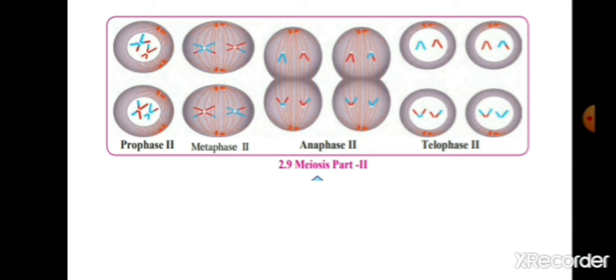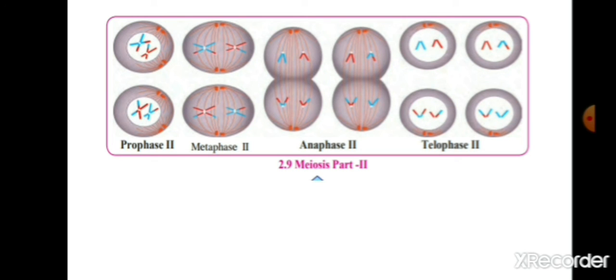Next one is the diplotene. During diplotene, the synaptonemal complex dissolves and the homologous chromosomes of the bivalent separate except at the point of crossing over. Thus, it looks like an X-shaped structure called the chiasmata.